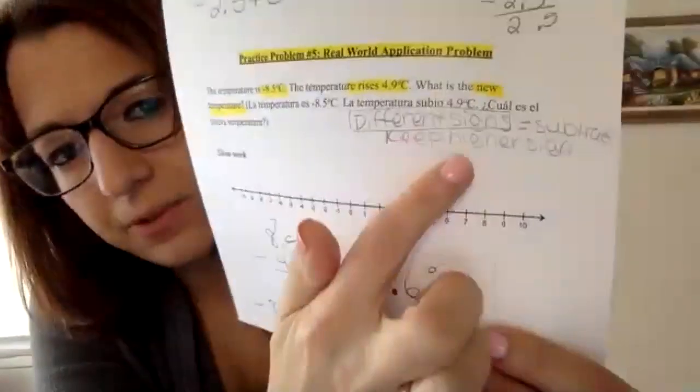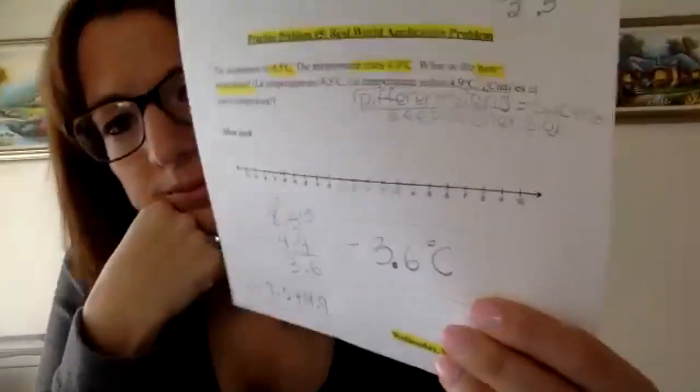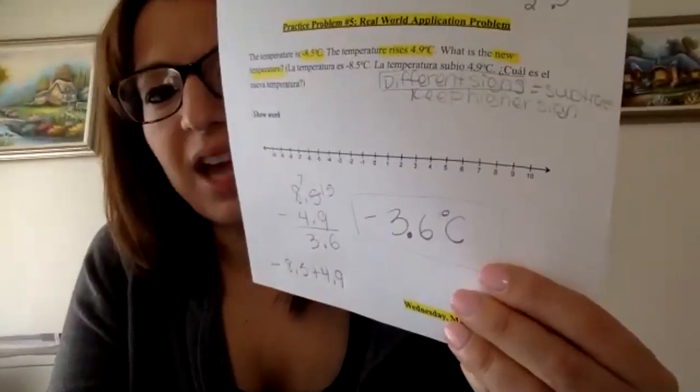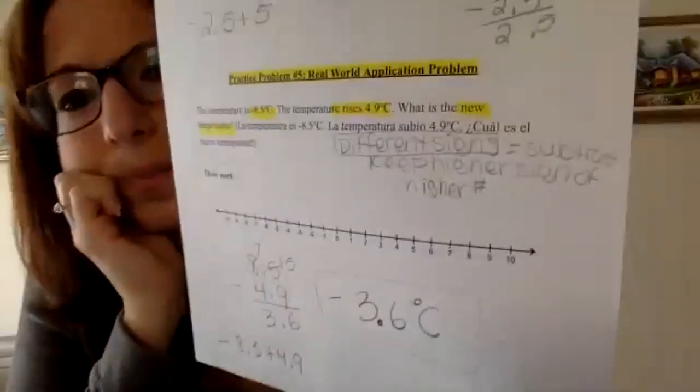Because I wrote here, different signs you subtract, keep the higher sign. It should say, keep the sign of the higher number. I didn't finish my thought when I wrote it. So you get negative 3.6 degrees Celsius.